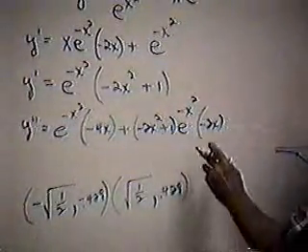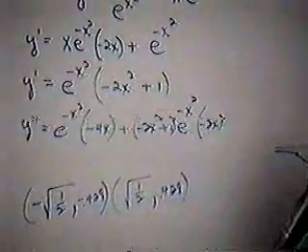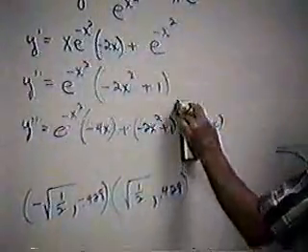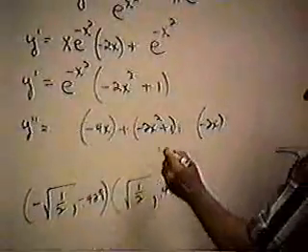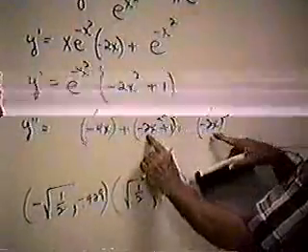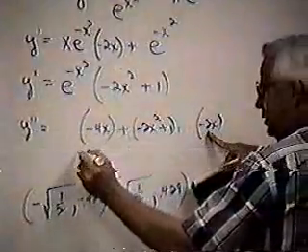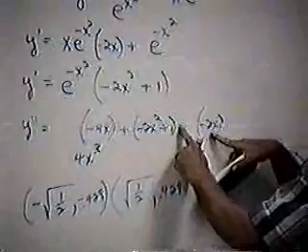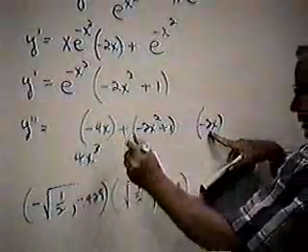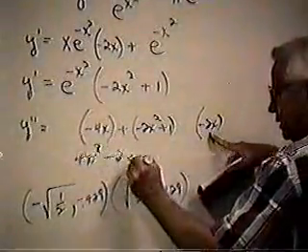Now factoring out an e to the minus x squared out of this, all right, what do we have left? Well, we have this times that is a positive 4x cubed. And then this times this is a minus 2x, another one, so it's a minus 6x.